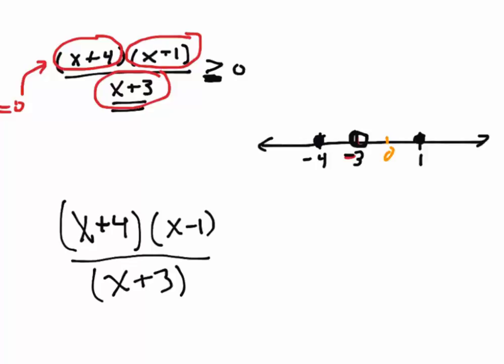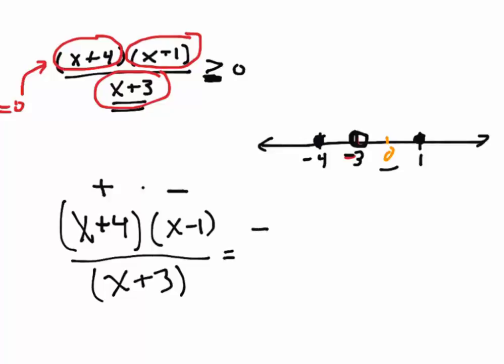So if I put a 0 in here, I'm going to get a +4, so just worry about the fact that that factor is positive. If you plug a 0 into the second factor, x minus 1, you're going to get a -1. So the top is a positive times a negative, which would be a negative on the top.